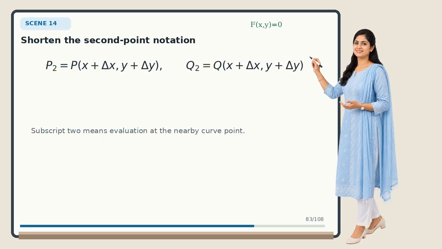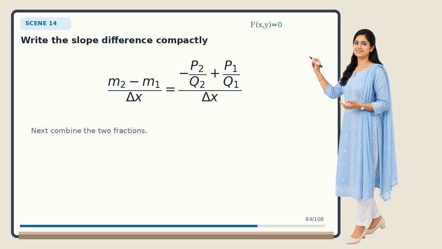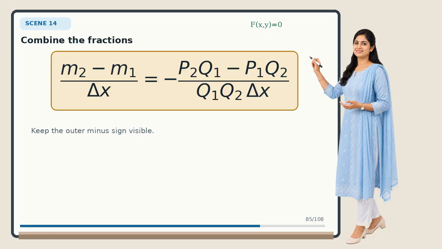Let P2 and Q2 denote their values at the second curve point. The slope difference quotient now has a compact form. Combining the fractions produces minus the numerator p2q1 minus p1q2 divided by q1q2 delta x.